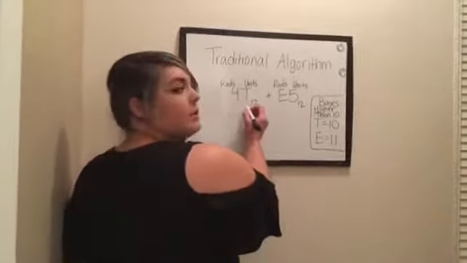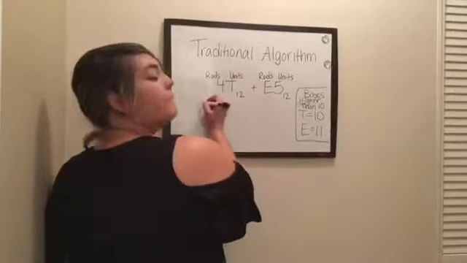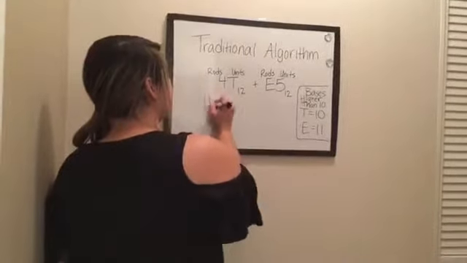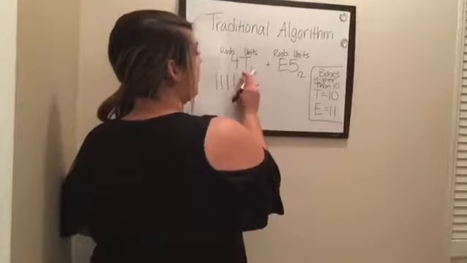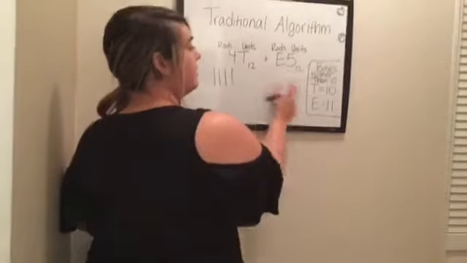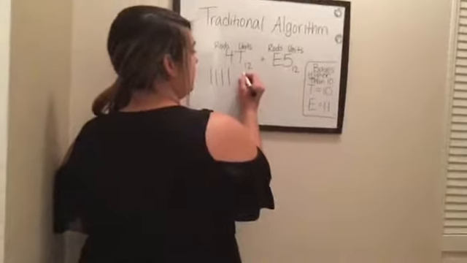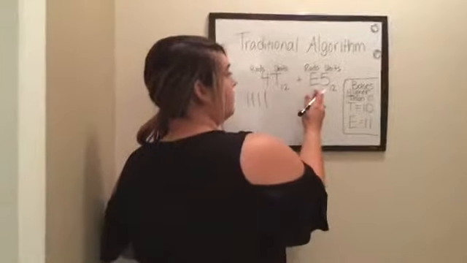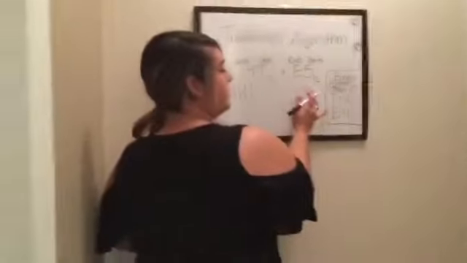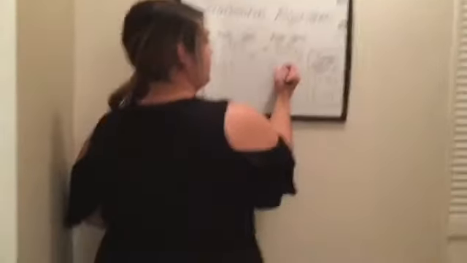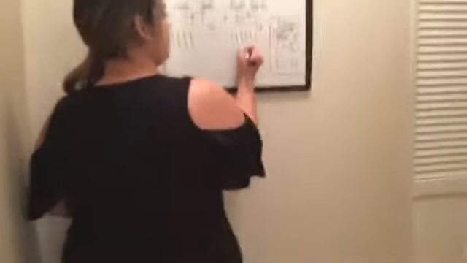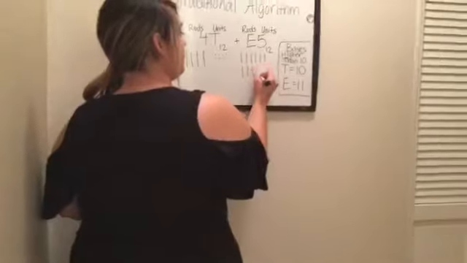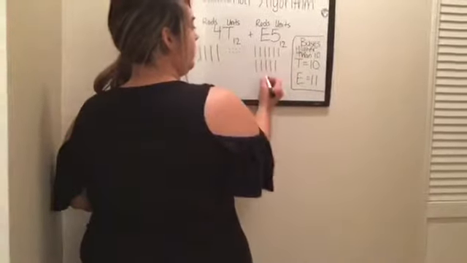In this 4T with a base 12, we have 4 rods, and we have T units, which means 10 units. E rods, which is 11, and 5 units.